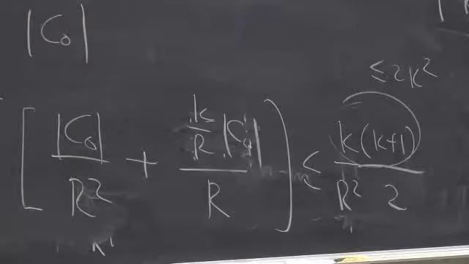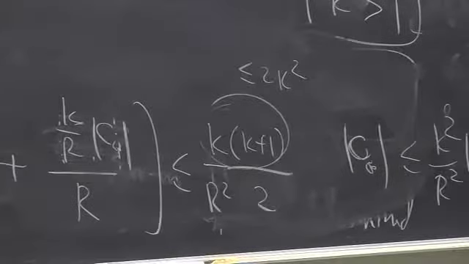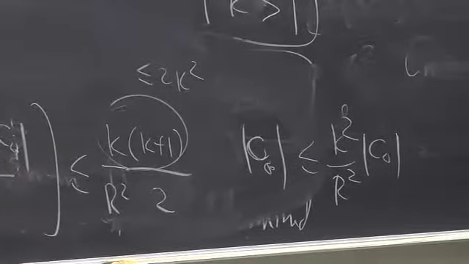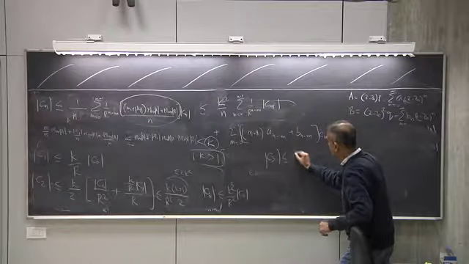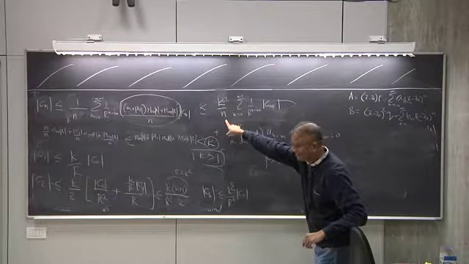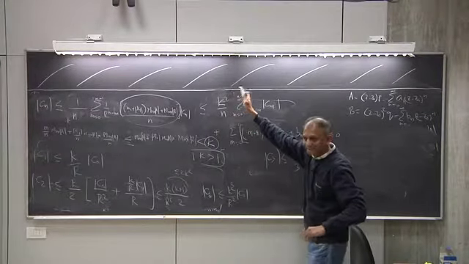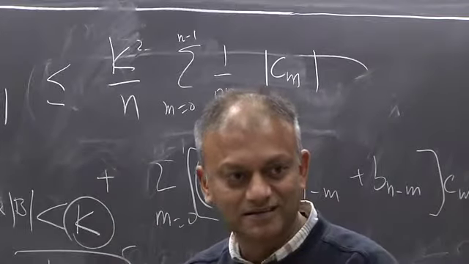Now let's see how the structure will be. I will go one more step and then you see the pattern. Now look at C3. Now I have kappa over 3. The role of this n is that there are n terms here, and that n cancels that n. That's the idea here.